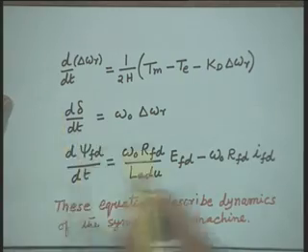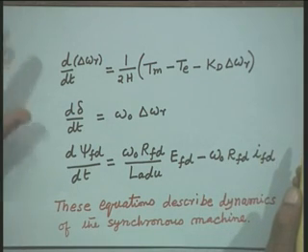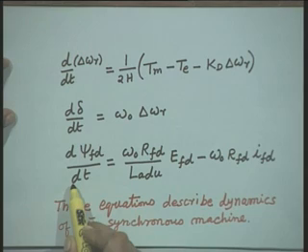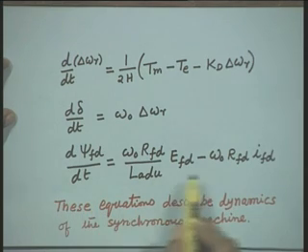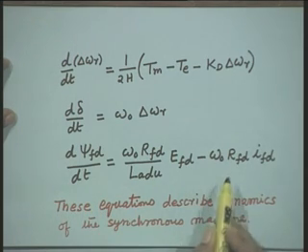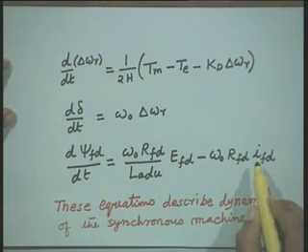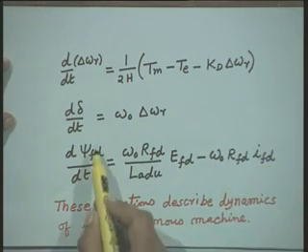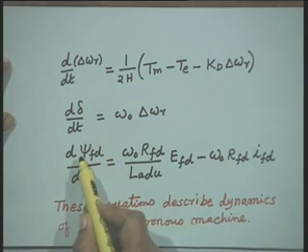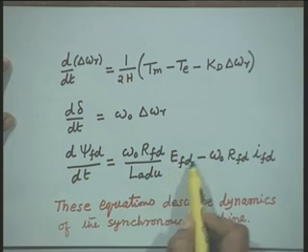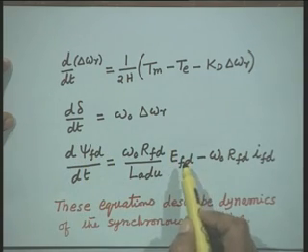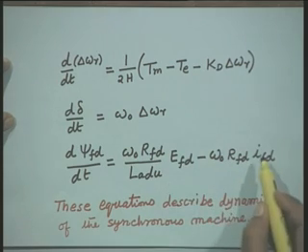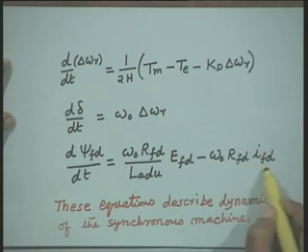These two equations were linearized earlier, and we obtained a simple state space model in the transfer function form. This third equation is now linearized, and when we linearize this equation, we will have the incremental change in field flux linkage, incremental change in field winding voltage, and the incremental change in field current.